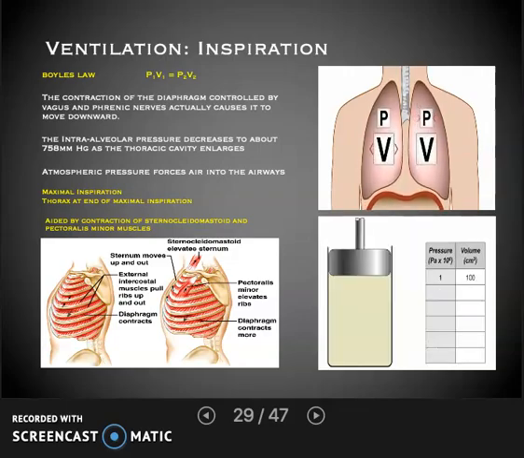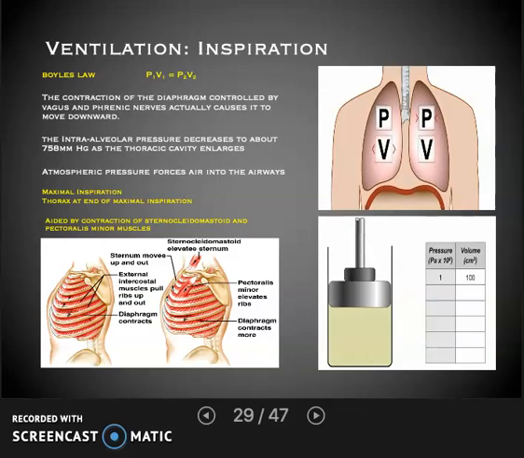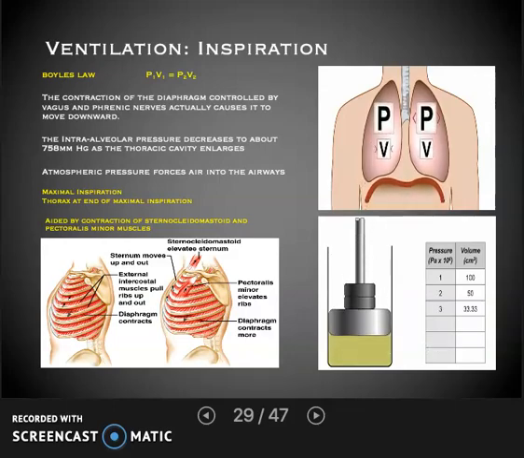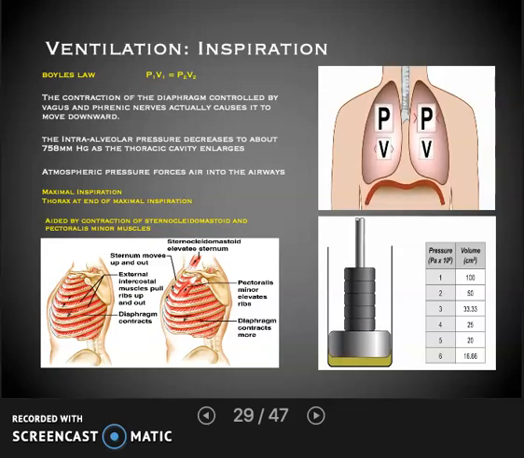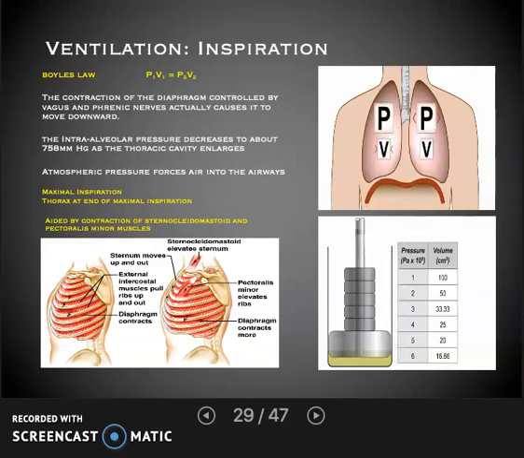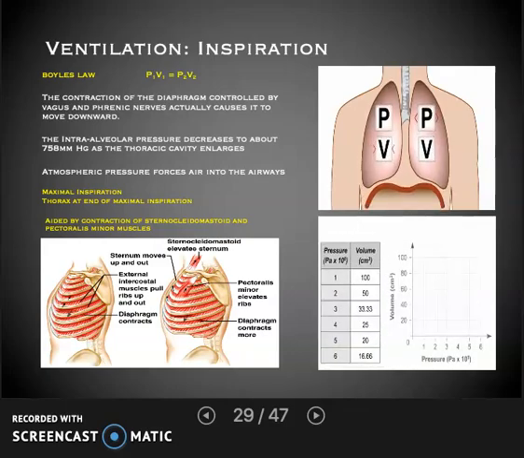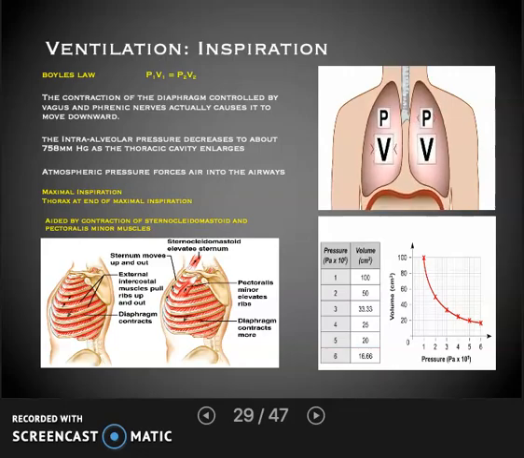All right. So once I've increased the volume, what's going to happen to the pressure on the interior? Well, the pressure is going to go down, and it actually drops down to something like 758 millimeters of mercury from 760. Doesn't sound like a lot, but that decrease in pressure creates a vacuum, and that's what allows you to suck air in. Now you can further increase that with a maximal inspiration, and that's when you would activate those other muscles.